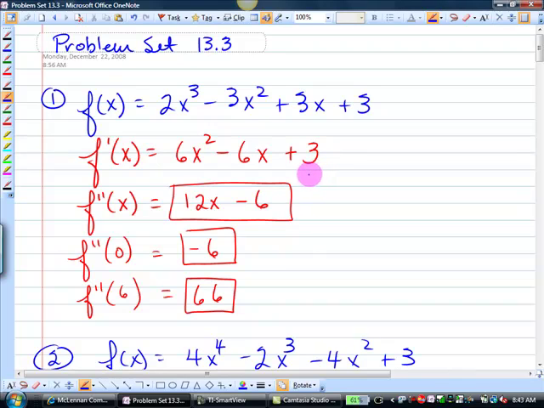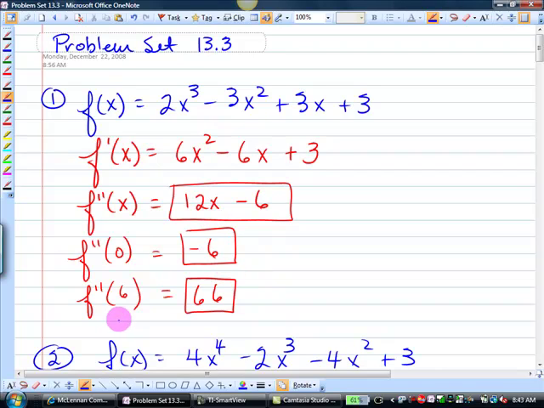To find the second derivative, you just keep going. That one becomes 12x minus 6. Does that make sense? You're just taking the derivative again. Okay? Then if you have to find f double prime of a number, it means you plug that number into that derivative. If you put in 0 for x, you're left with negative 6.